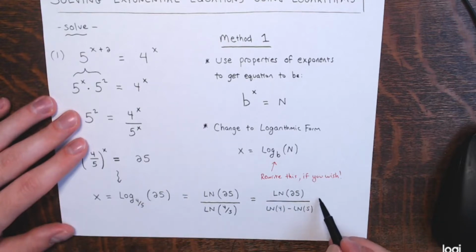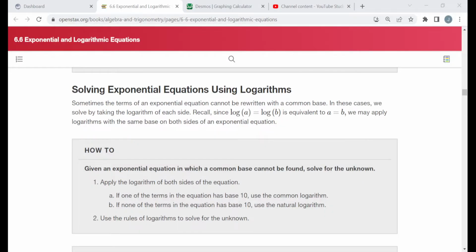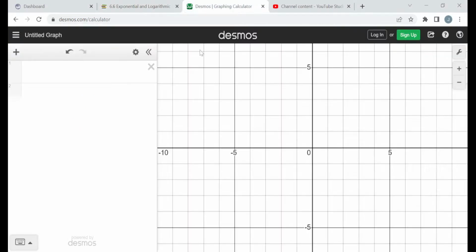And I'm going to punch one of these into a calculator and we'll round it to, say, 3 decimal places. Why not? So I'm going to go to that Desmos calculator, a free online graphing calculator. And I'll put in the natural log of 25 divided by the natural log of 4/5.